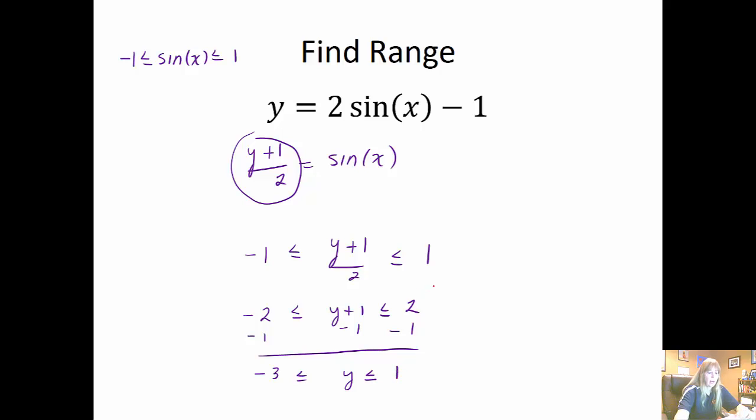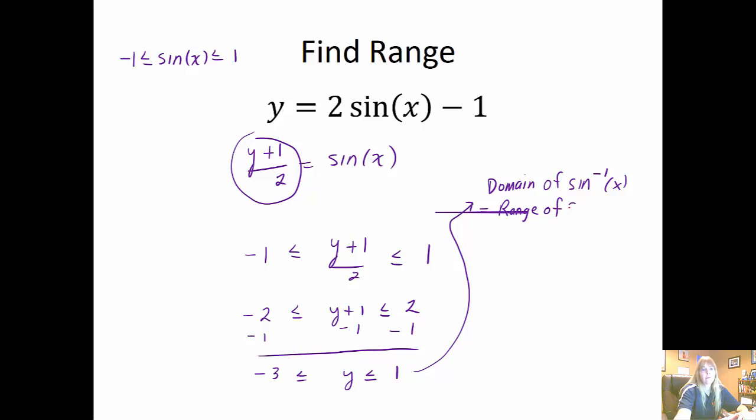And so I can say that the domain of sine inverse is the same as the range of sine, which we found to be -3 to 1.